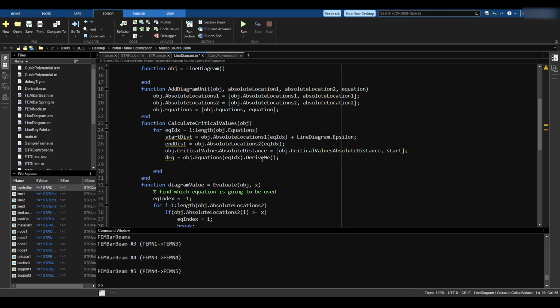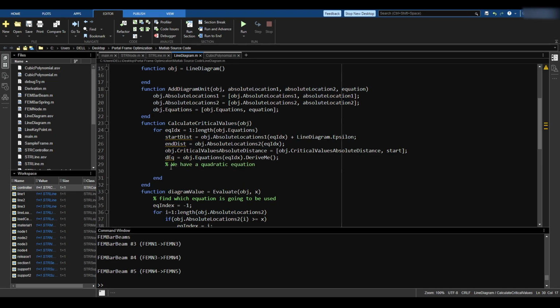Now here, if we derive an equation, there are multiple possibilities. Possibility one, we have a quadratic equation. Because if the equation is a cubic equation, then the derivative is going to be quadratic. And now we need to solve for a quadratic equation. Let me first of all make a check for the quadratic equation.